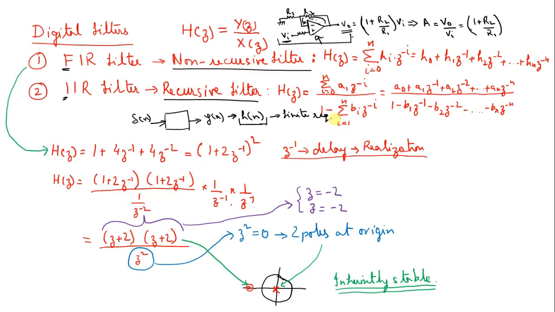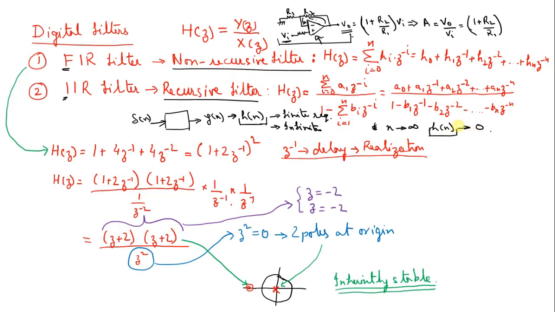On the other hand, for infinite impulse responses, this h[n] sequence would be infinite. However, even though it is infinite, as n tends to infinity, your h[n] values should tend to zero.